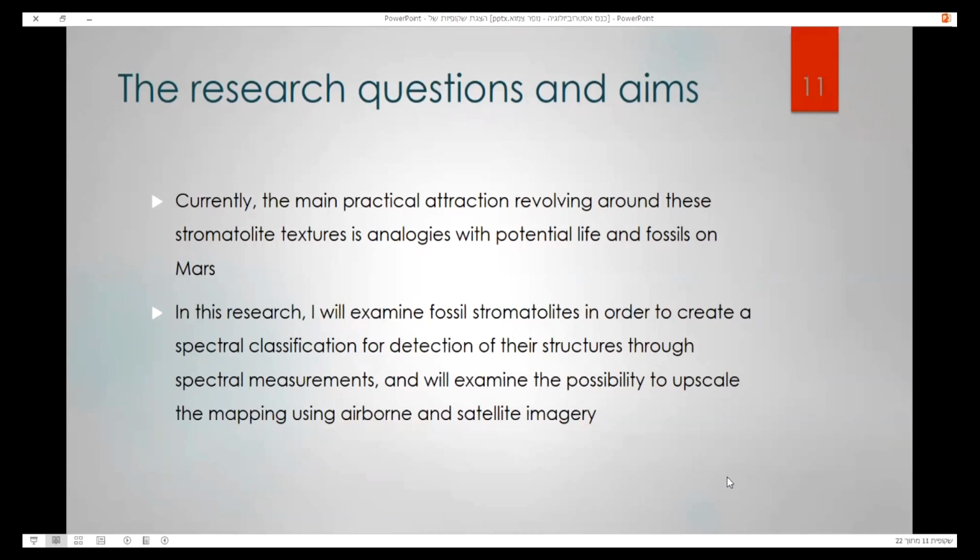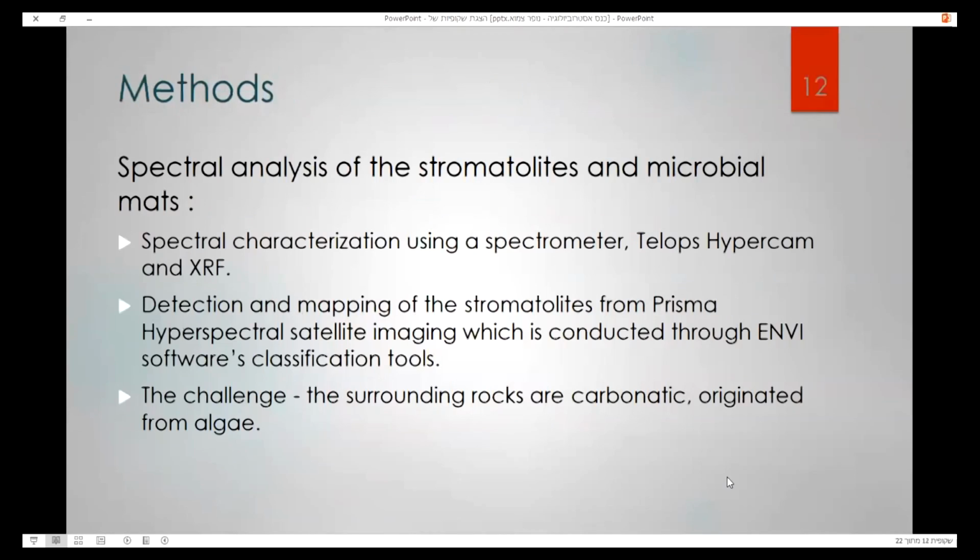I will examine fossil stromatolites in order to create a spectral classification for detection of their structures through spectral measurements. And I will examine the possibility to upscale the mapping using airborne and satellite imagery. First of all, using spectral classification through a spectrometer, followed by hypercam characterization and an XRF.